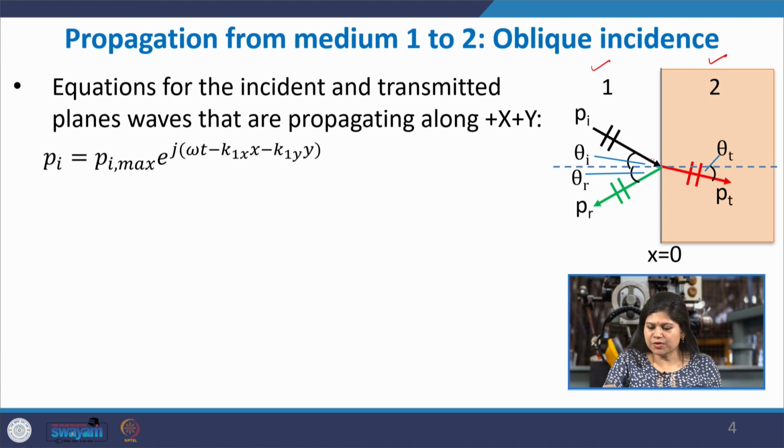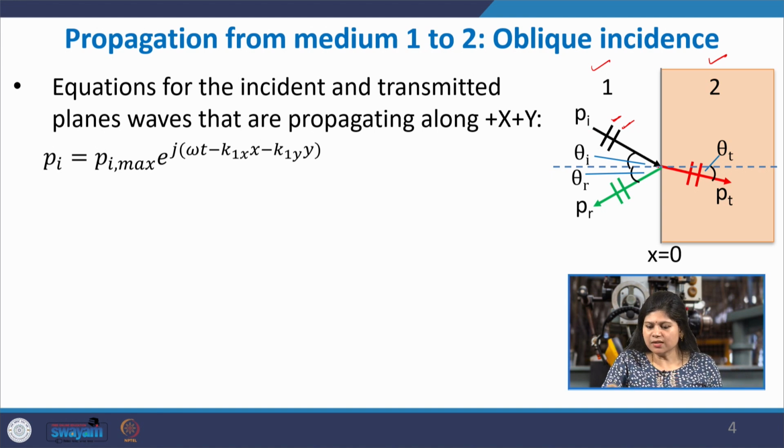Here I am representing this using this arrow. The arrow represents the direction of propagation of the harmonic wave, and this indicates the wavefront from the top view. You can look at this schematic in my lecture on harmonic plane wave, where I have discussed what this arrow and the perpendicular lines mean.